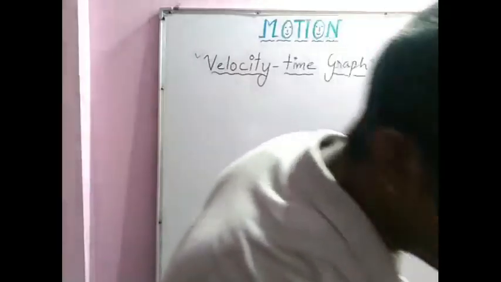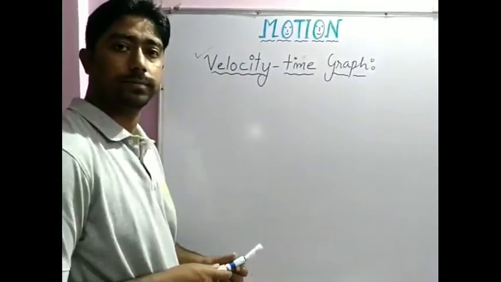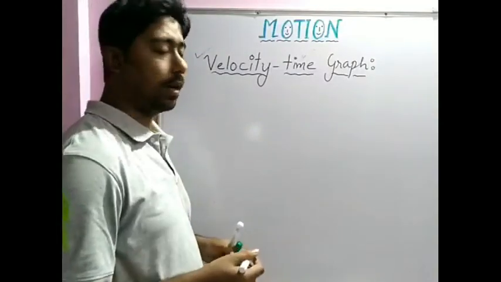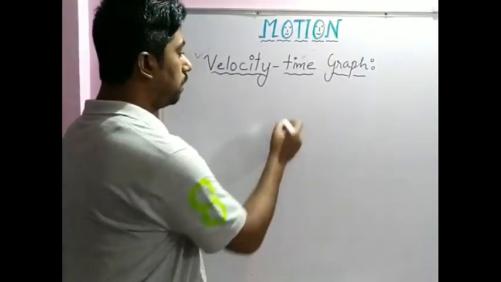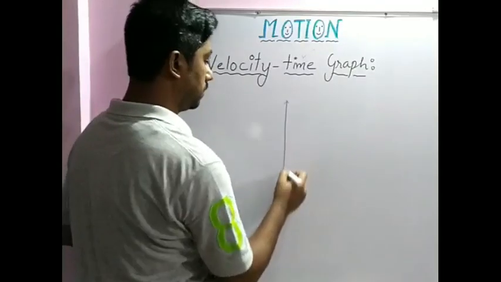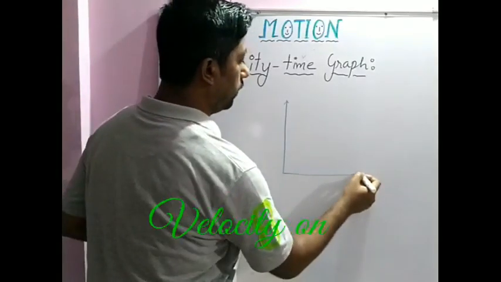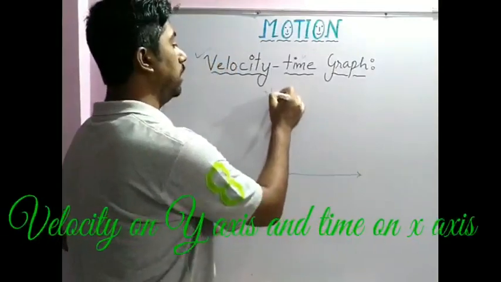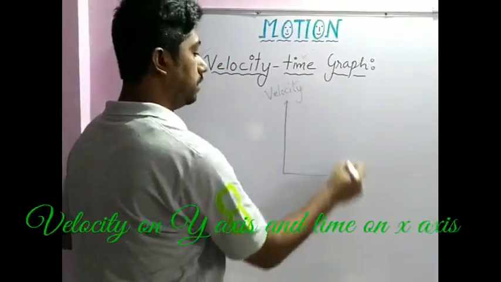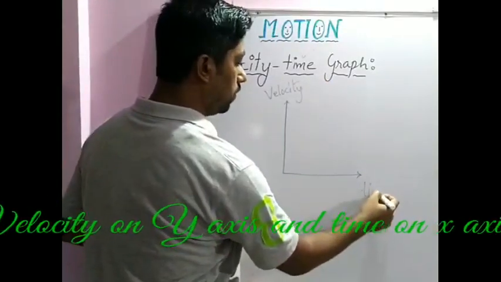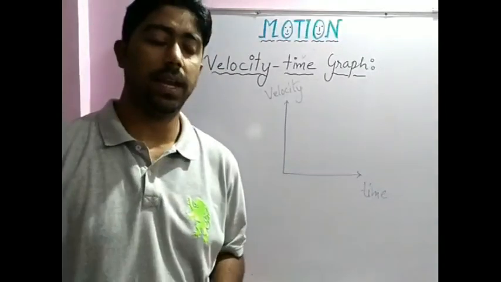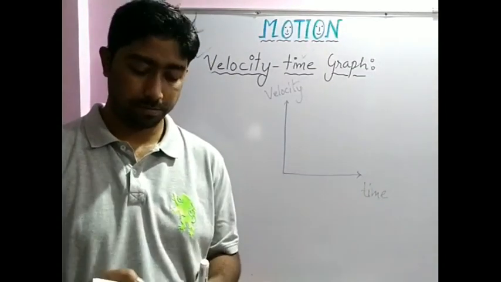So in this velocity-time graph, we will put velocity on the y-axis and time on the x-axis.